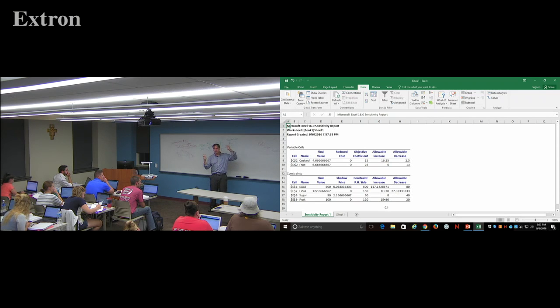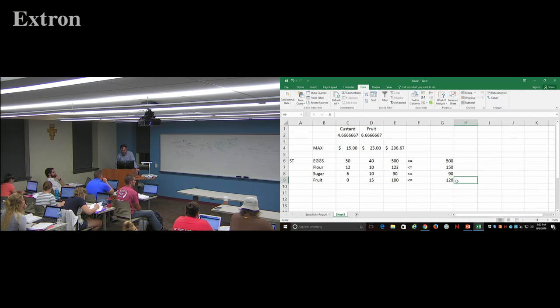It'd be great to get an infinite amount of fruit mixture, but it doesn't change this production run because we're not using what we have, right? And allowable decrease is 20. So anywhere from 100 to infinity, the shadow price is 0, meaning anything in that range doesn't affect the profit. Does that make sense?